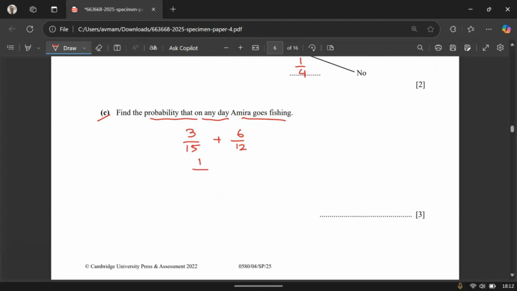So this is 1/5 plus 1/2. Make the common denominator, multiply this by 2, this by 2, this by 5, and this by 5. And then we have 2/10 plus 5/10, and that will give us 7/10.